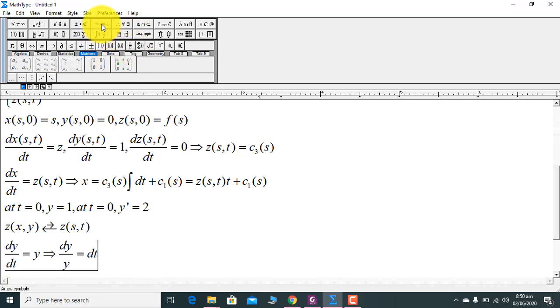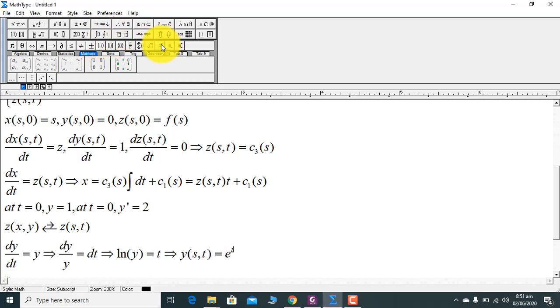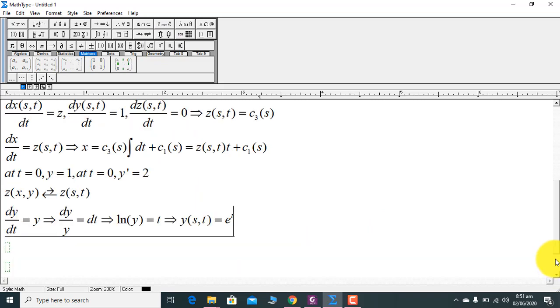Integrating both sides, you will get log of y equal to t. Okay, sorry, this is the second step, and y of s,t will be equal to e to power t. So this is the final answer for your variable y.